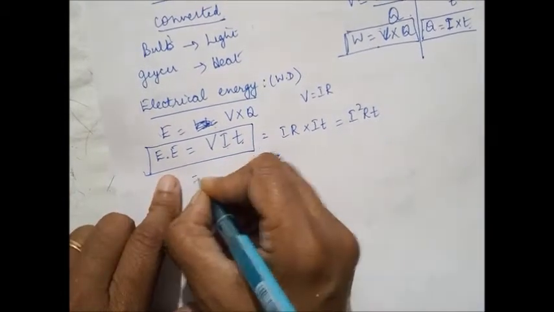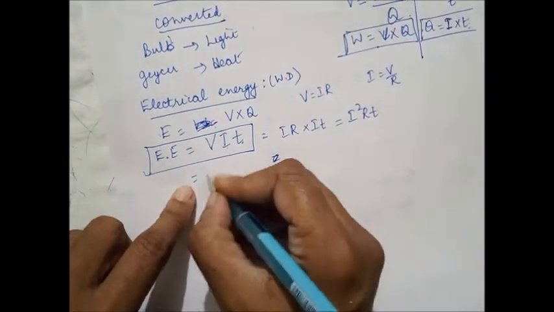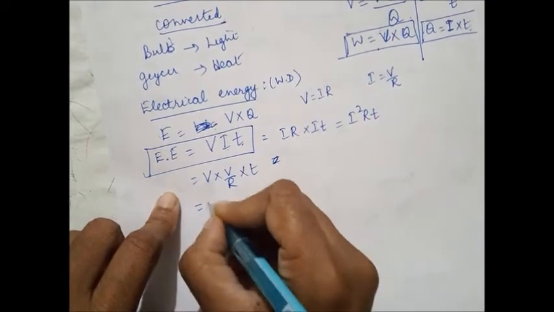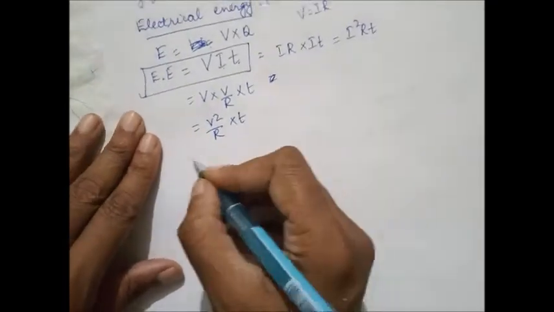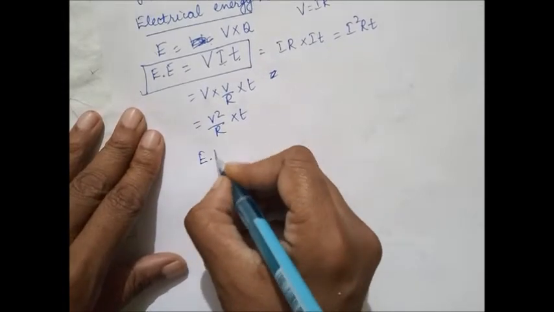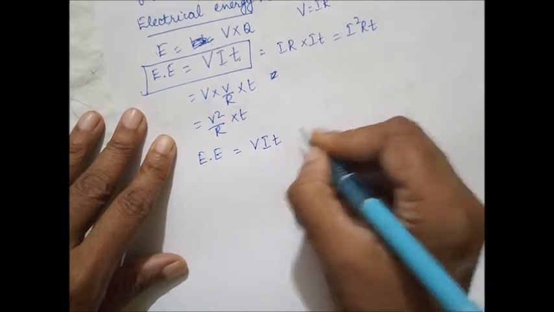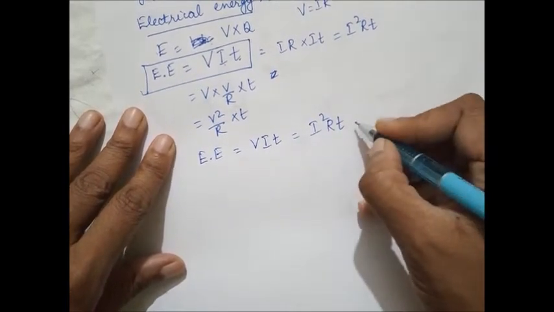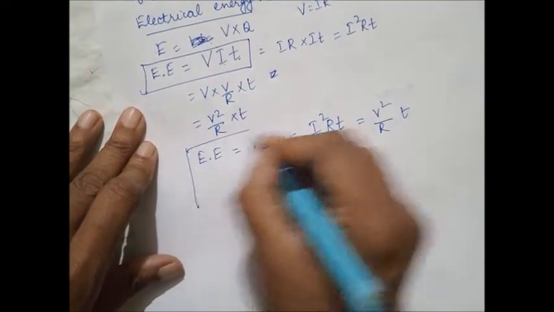Another way of writing is, instead of I, I can write V by R. So V into V by R into T is equal to V squared by R into T. So I have three formulas for electrical energy: V into I into T, or I squared into R into T, or V squared upon R into T.